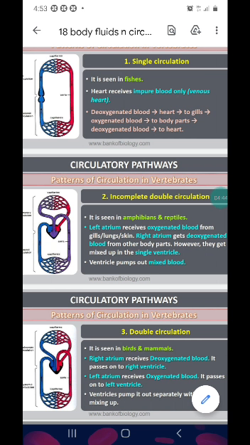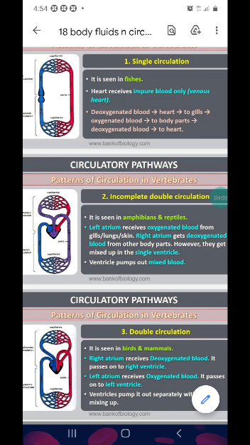Right. Now, this oxygenated blood is sent to the various body parts. And from the body parts, the deoxygenated blood is carried back to the heart. Okay. And that is called single circulation.